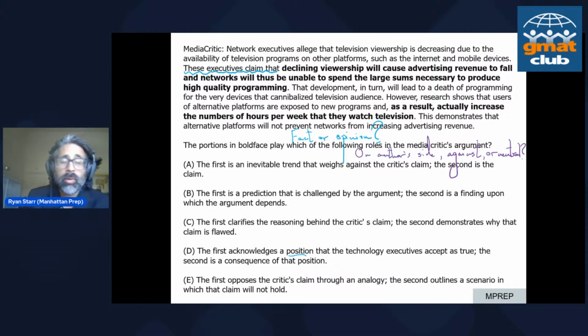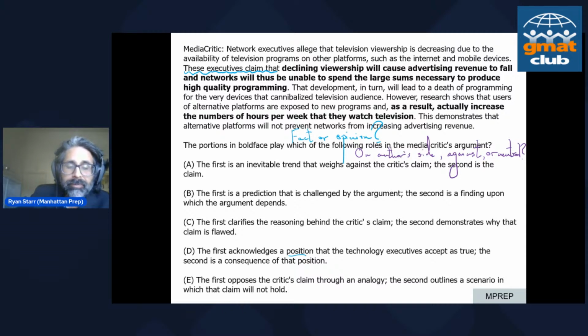Neutral or disputed, right? Like DMZ territory. If you can decide these two things about both boldface portions, you're in pretty good shape. And you will often have to use the keywords in the surrounding sentences to decide it. That is what a lot of the answers are going to be getting at.